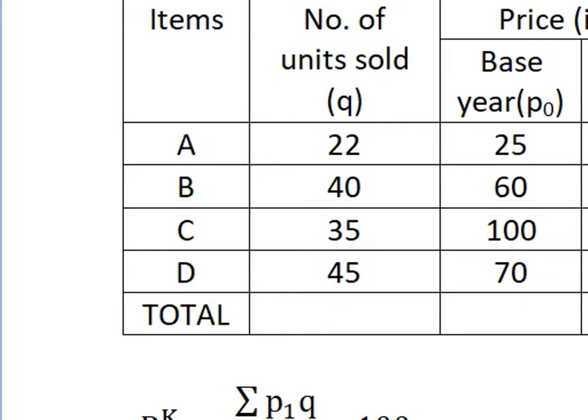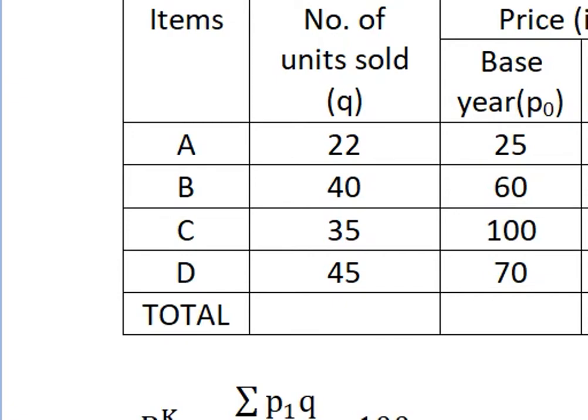Then 100 into 35 is 3500. And lastly 70 into 45 is 3150. Then what is the total of these values? 9600. Just add these values: 550, 2400, 3500, 3150.